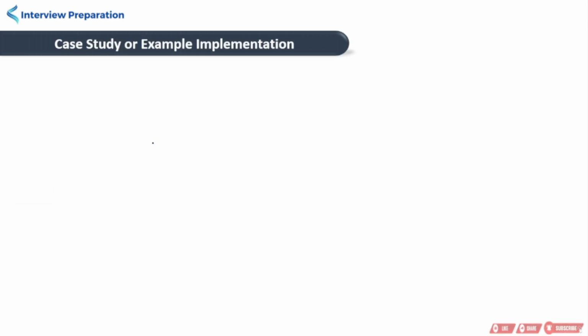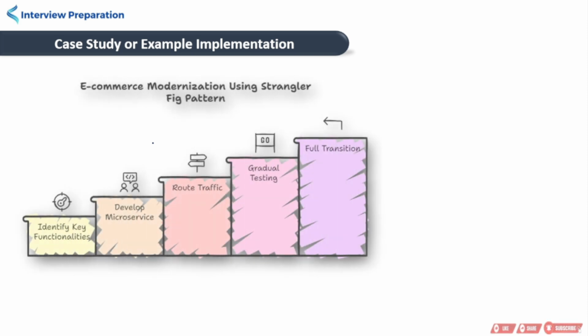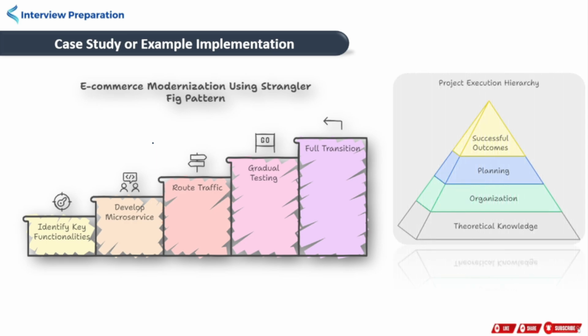Let's see the case study. Here, we will consider a small e-commerce application. This e-commerce application is a legacy application that needs modernization. Using Strangler Fig pattern, the organization can start by identifying the key functionalities such as the product catalog.